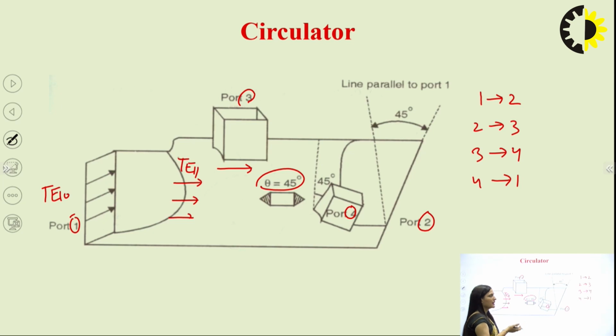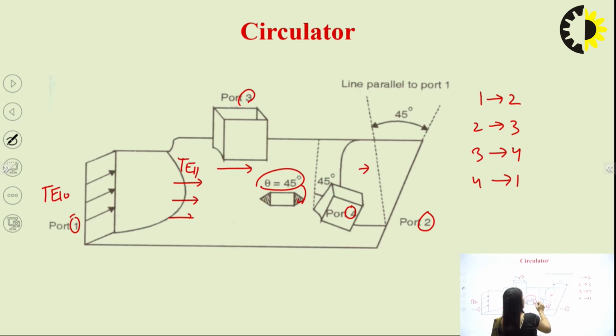It will leave that power. So this power moves in this direction and here a rotation of 45 degrees will come, right? Now this 45 degrees and this 45 degrees mean the incoming wave is now perpendicular to port number 4. So again port number 4 will not absorb this power and the wave will now move here.